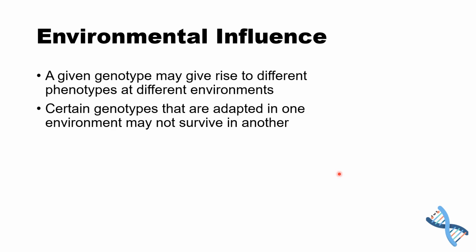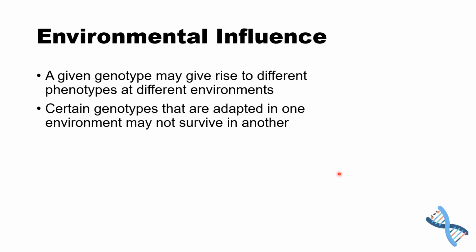So, a given genotype may give rise to different phenotypes at different environments. So, sinasabi na kahit yung genotype mo, like for example, meron kang dominant A, which pertains to the high average daily gain.